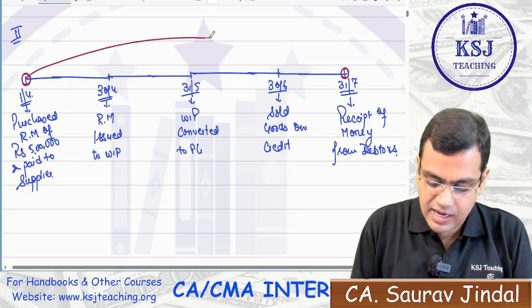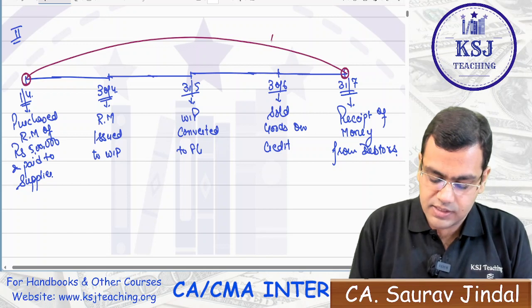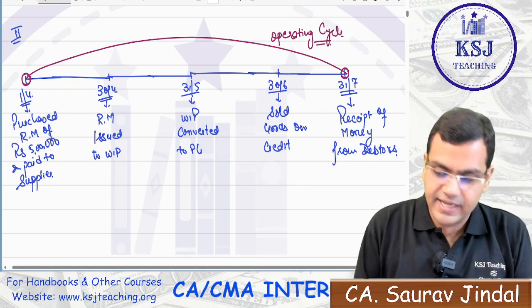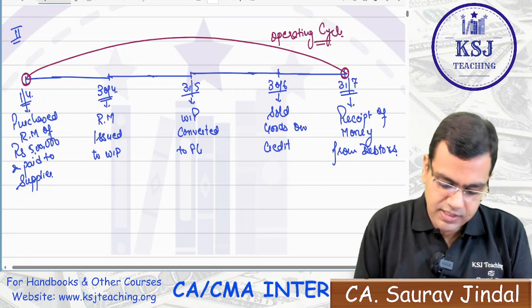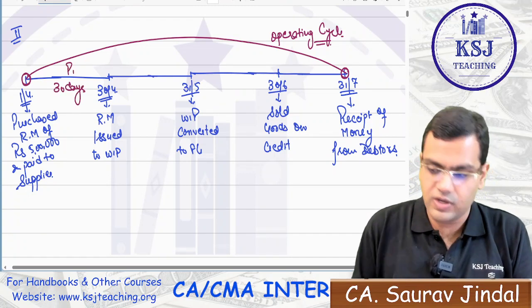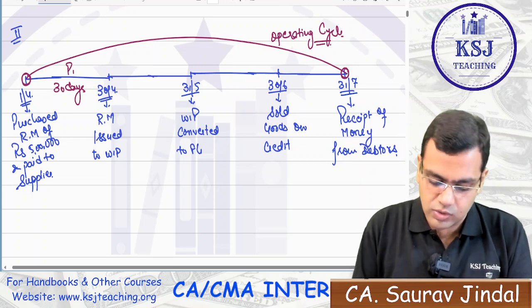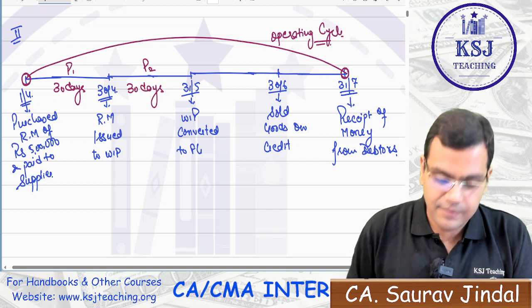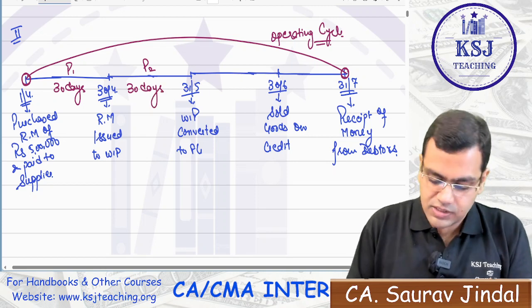So this period now is your operating cycle, right? So this operating cycle, again, we'll divide it into various parts. P1, 30 days, when the raw material is purchased and lying in your store. P2, 30 days, when it is in the WIP, in the process of making.